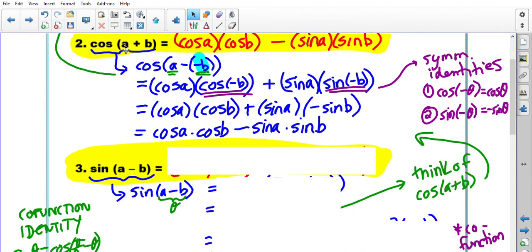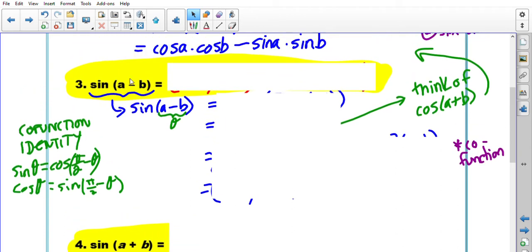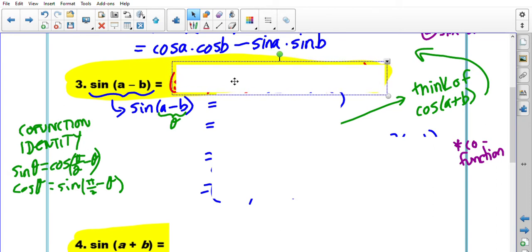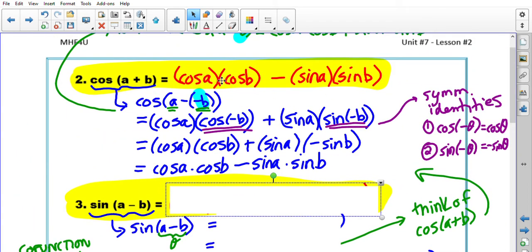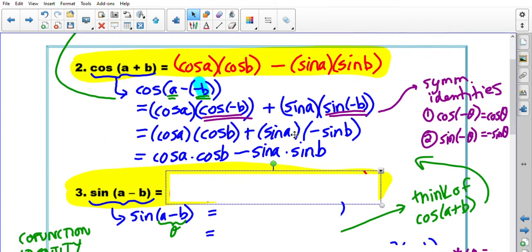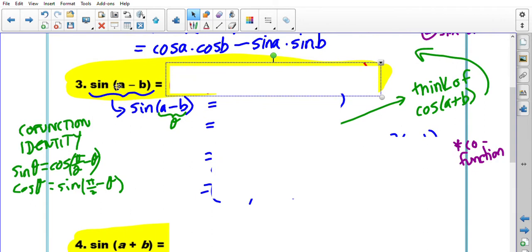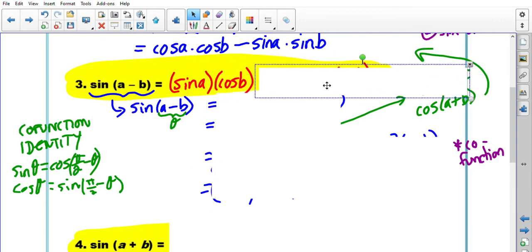All right, so we've dealt with cos. Now let's deal with sine. So sin(A − B). The formula for that is a little different from cos. Cos formulas always keep the coses together and the sines together. Sine is going to switch that. So sin(A − B) is going to be sin A times cos B: sine of the first, cos of the second.